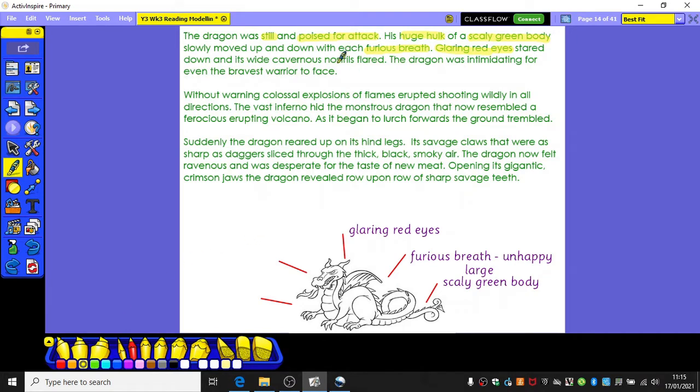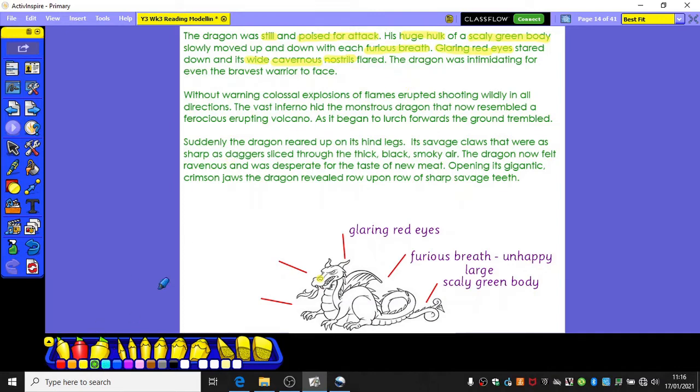Yes, it was his nostrils. What part of the body are your nostrils? Nostrils comes from the root word nose. You see the N-O-S at the front. Its nostrils are the openings at the end of your nose. So the dragon's nostrils over here, there we go. What are they described like though? They're described as wide and cavernous. If you're not sure what the word cavernous means, can you see the root word at the start of the word cavernous?